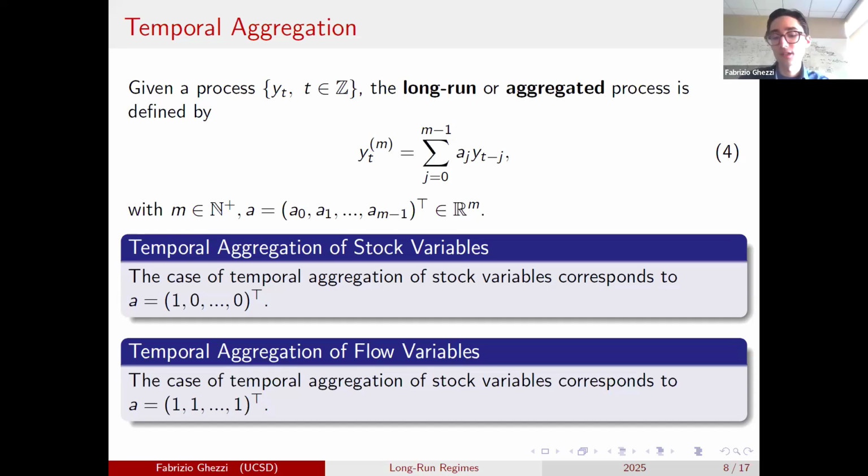So what you observe in the long run is the sum of what has happened in the short run, while prices are stock variables. So what you observe in the long run as prices is just the price at that long run horizon, at that long run instance, a snapshot of the short run. And this way of solving the problem, treating it as a temporal aggregation problem, allows me to address all these points.